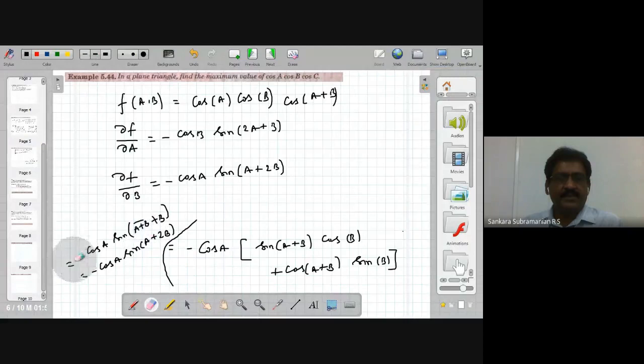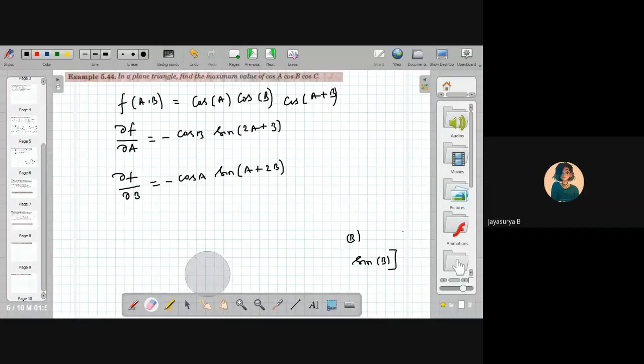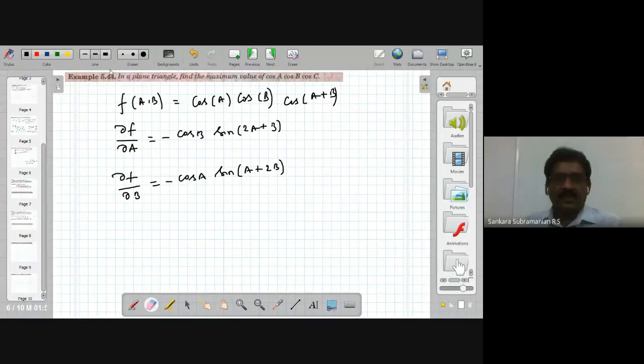Anyone? What do we have to do next? Equating to 0: put dou f by dou a equal to 0.